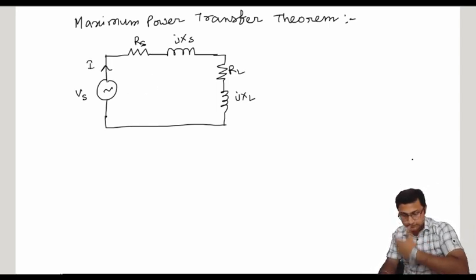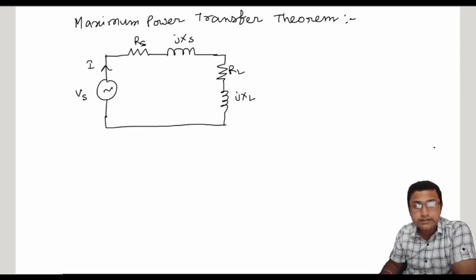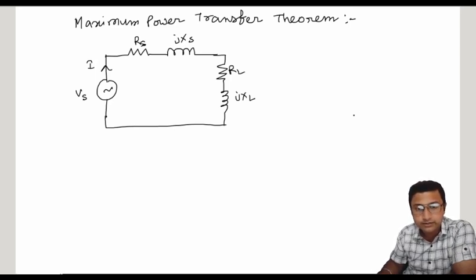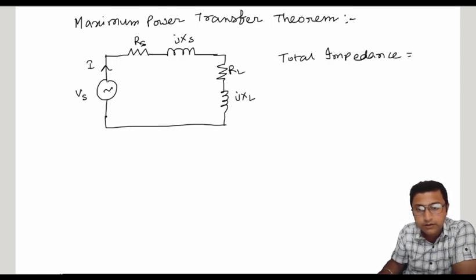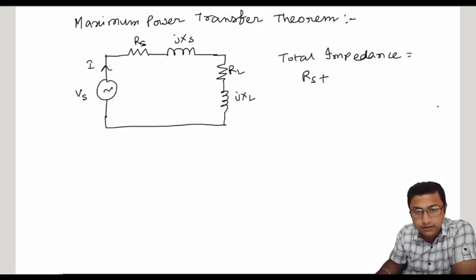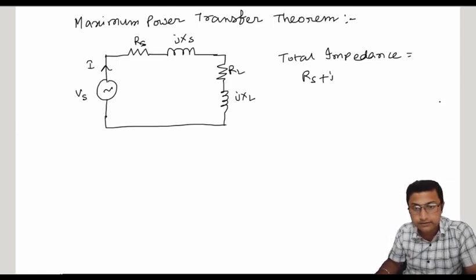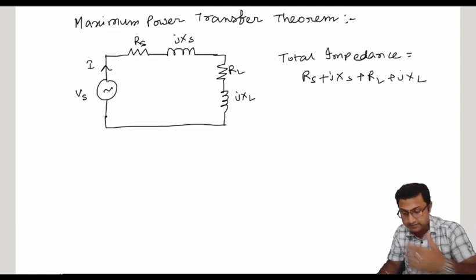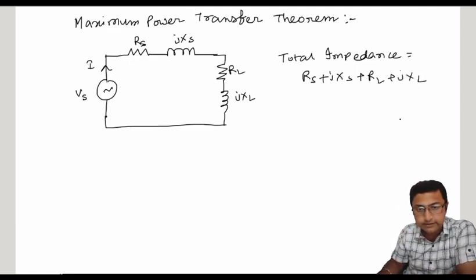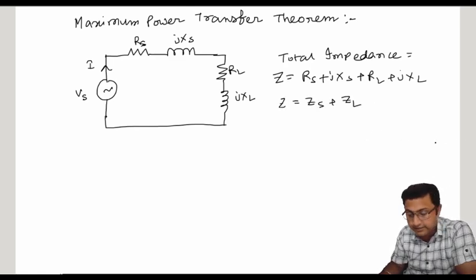So now the total circuit impedance is Rs plus jXs plus RL plus jXL, that means Z equal to Zs plus ZL.